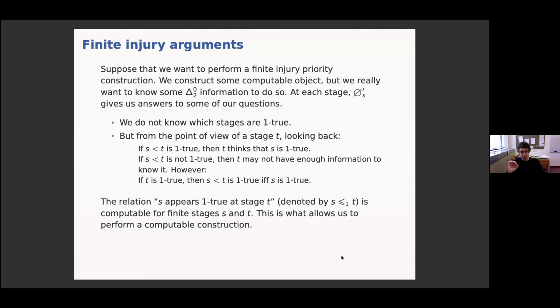At each stage T, I have an opinion about which of those assumptions were justified or not. And that will inform me how to continue the construction, and tell me what were stages in which I did things that are now seen to be mistakes, and what stages I've done things that still appear to be based on the correct assumptions, and therefore those are the kinds of actions that I want to preserve and build on.